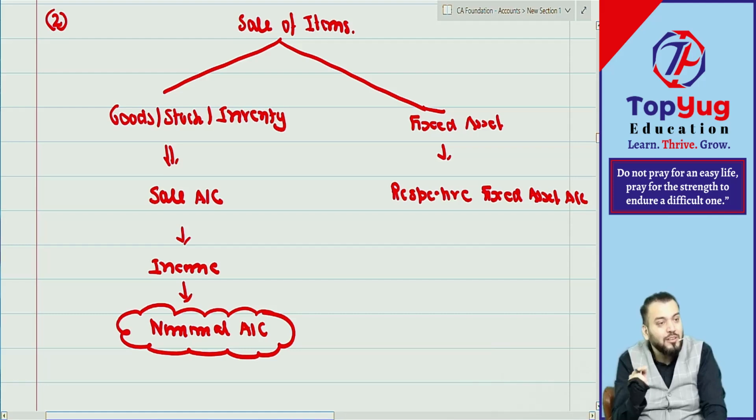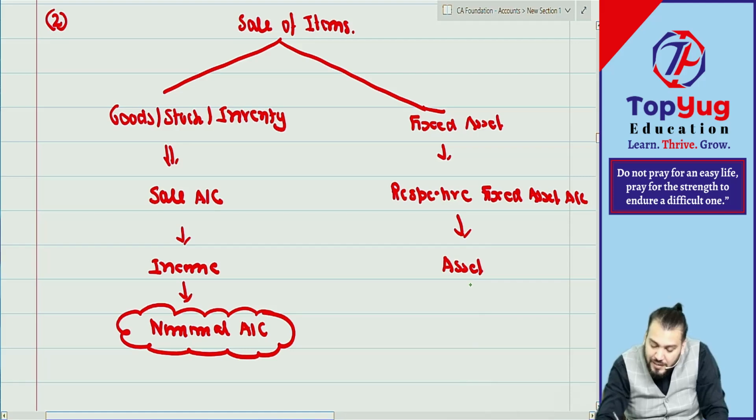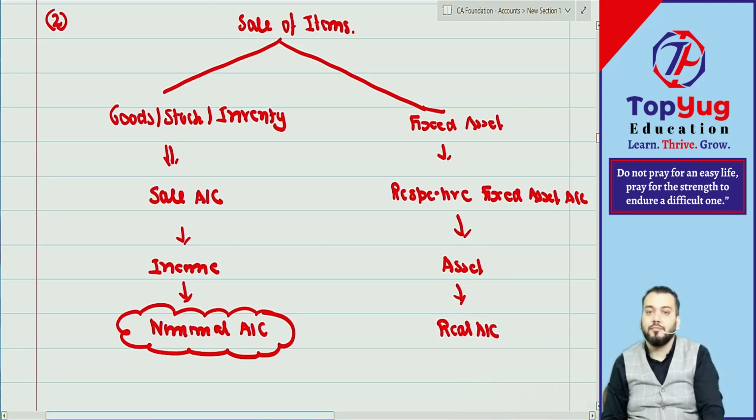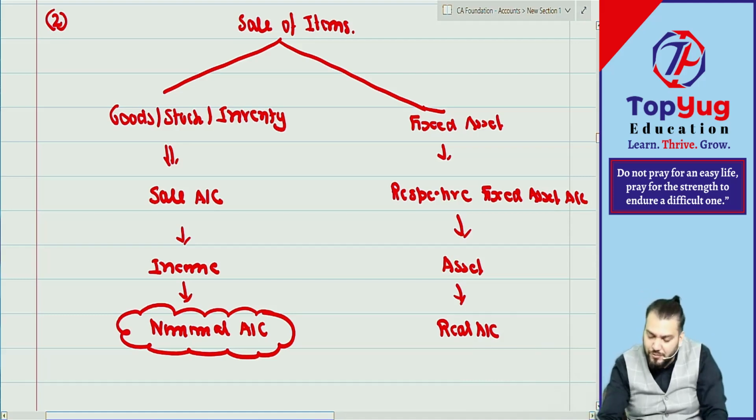If you have sold your land, the land account. If you have sold your mobile, mobile account. And can you say this will be an asset only? Asset means a real account. Understood? I hope you have understood.